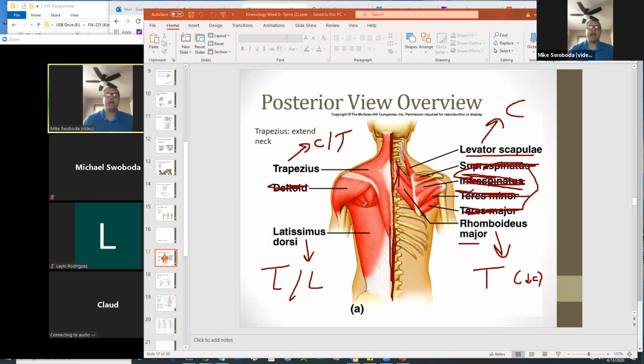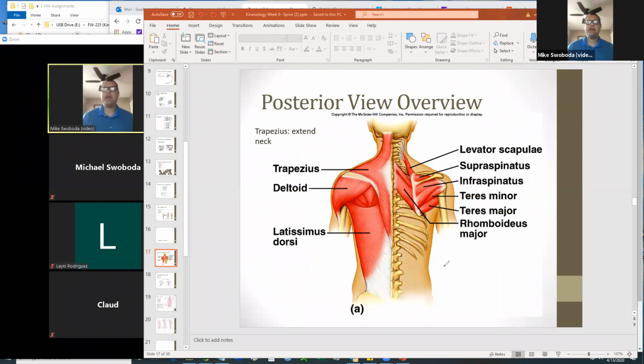So because your lats are attaching here and down, they do not move anything above that. It's the same kind of principle you would have if you had a spinal cord injury. In general, wherever that injury occurs, let's say I had a T12 injury. So this is T12 right here. It's where my first rib comes out. If I had a T12 spinal cord injury, everything from here down is going to be affected.